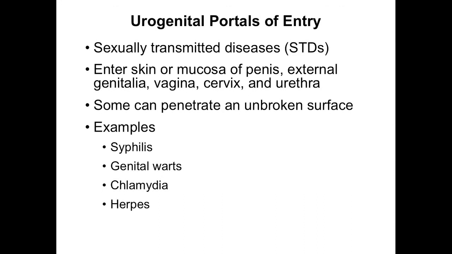Urogenital portal of entry. This is a perfect place to enter if you're a pathogen, primarily because organisms need to have sex to survive, so why not manipulate that? They also have a very good ability to cause asymptomatic infections, and that is where you're infected but you show no symptoms.